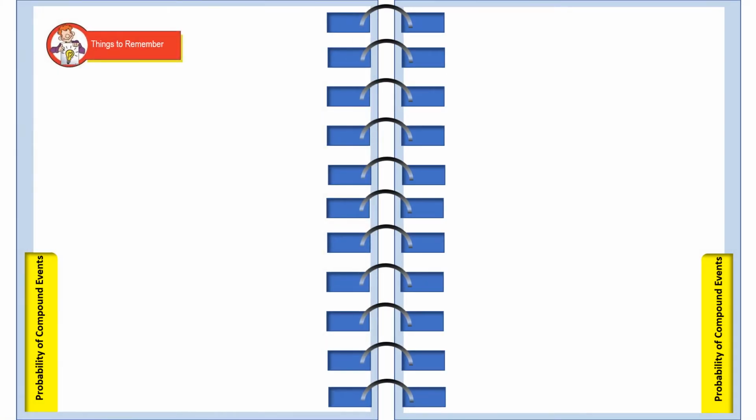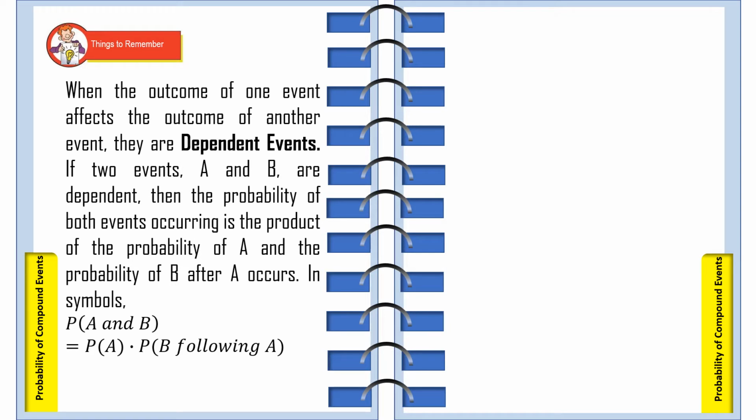Okay, and then lastly sa ating kind of events under probability is the dependent event. So when the outcome of one event affects the outcome of another event, they are dependent events. So this is the opposite of independent. So sa independent events, hindi naapektuhan yung first probability ng occurrence ng second probability.